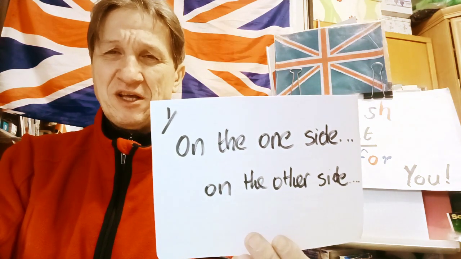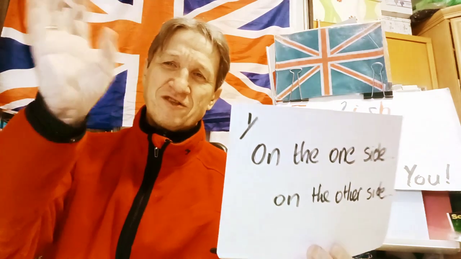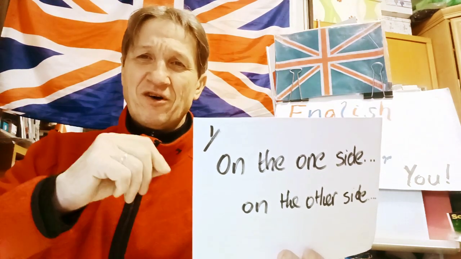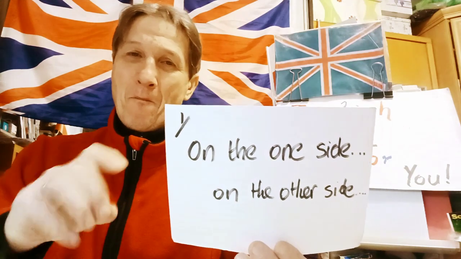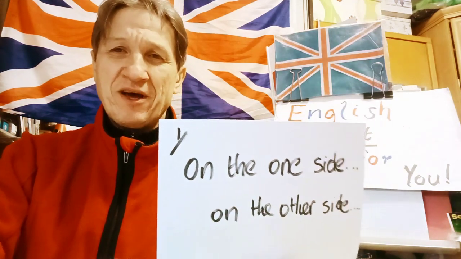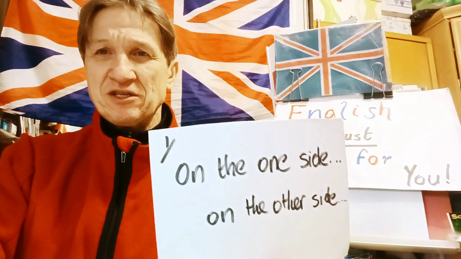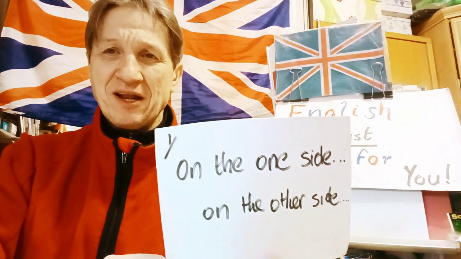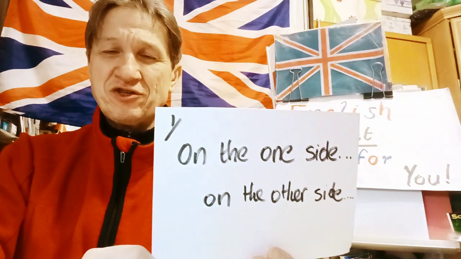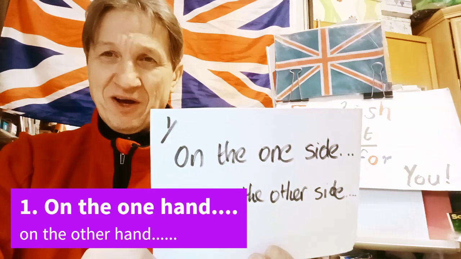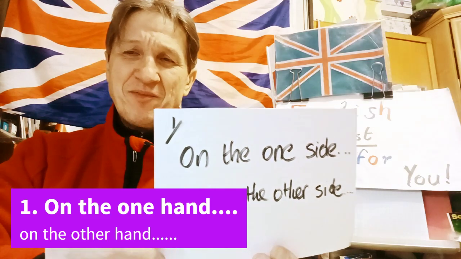But in the English language we use hands, not sides. So we say on the one hand, on the other hand. For example, on the one hand, she's a very mean lady, but on the other hand, she always dresses very smartly. So that's sentence number 1.